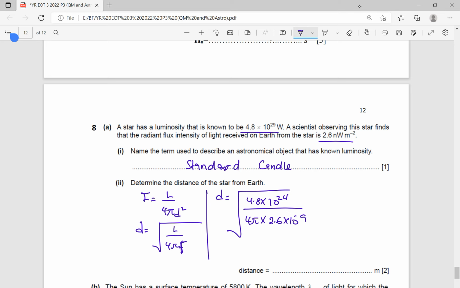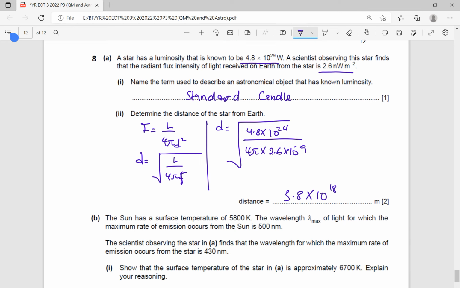And when you press your calculator, I'm pressing mine, you can also press yours. Okay, my calculator gives me 3.8 times 10 power 18 in meters as the distance of the star from the Earth.